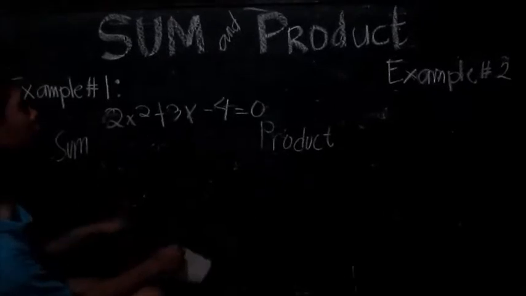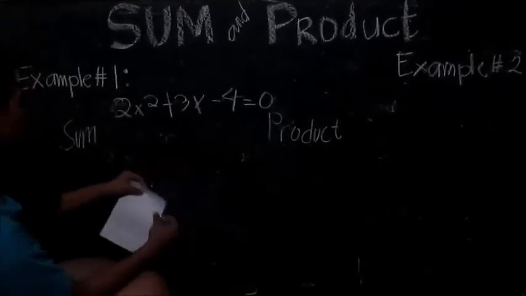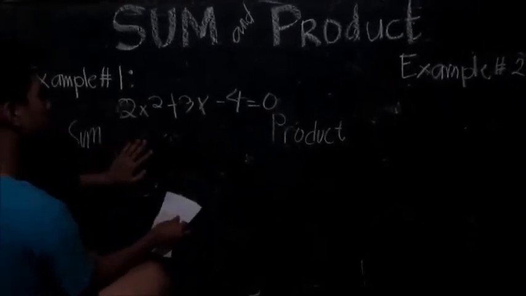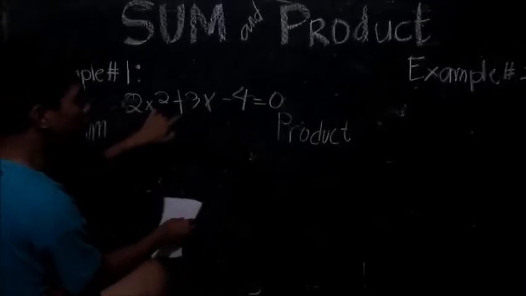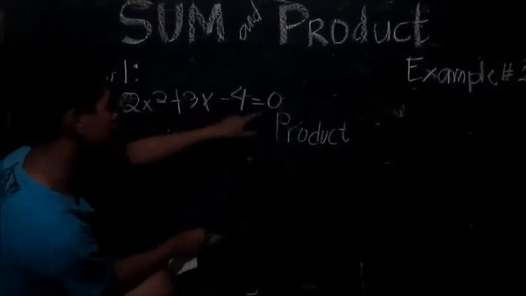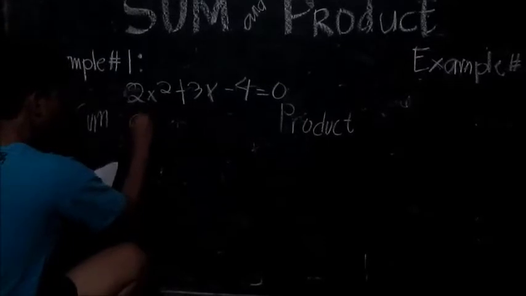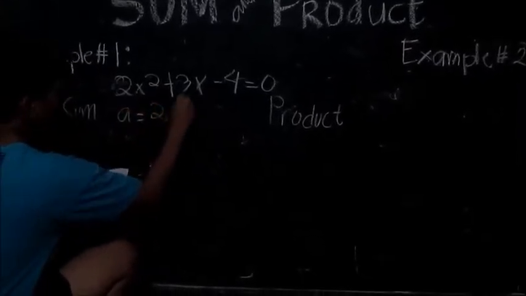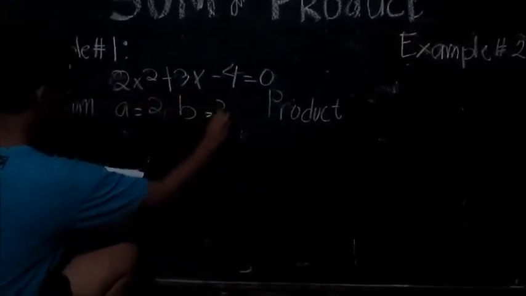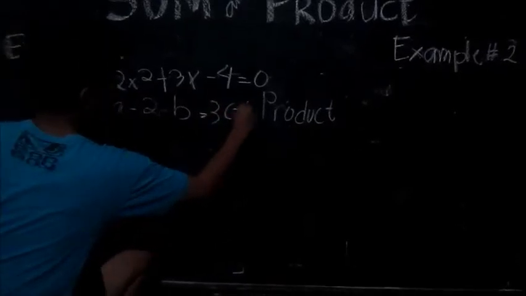That's it. So we are moving on to sum and product. So example number 1, we have the equation of 2x squared plus 3x minus 4 equals 0. So the a here is 2, while the b is 3, and the c is negative 4.